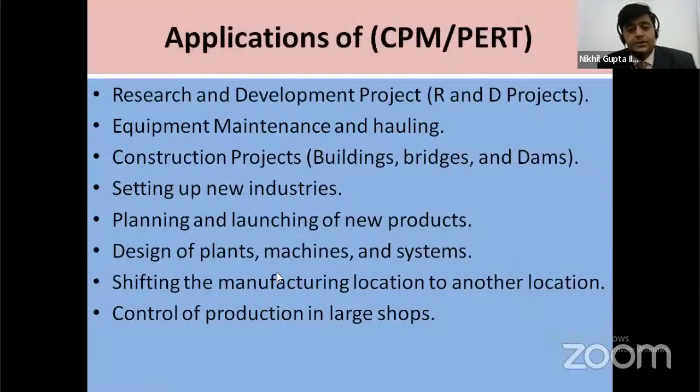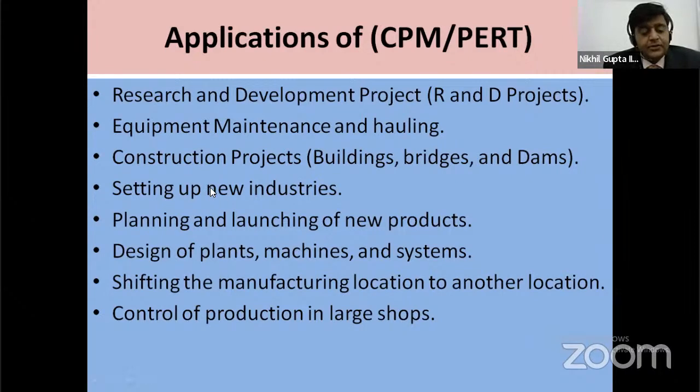Now, these are some applications of CPM. CPM and PERT are very useful in research and development. They are also useful for equipment maintenance and overhauling of a machine or any tools. They are also used for construction projects like building construction, bridge construction and dam construction.